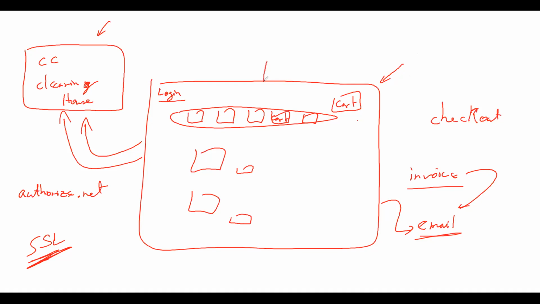Once you check out, there's an additional module in the background. Don't forget, there's a second module, and that's the inventory management. The inventory management is like the warehouse of your company. That's where people will go to fulfill orders.